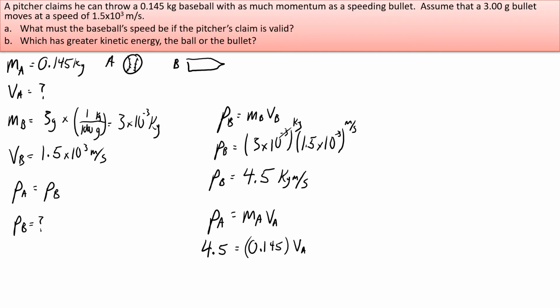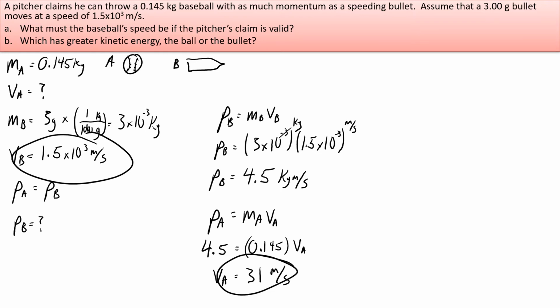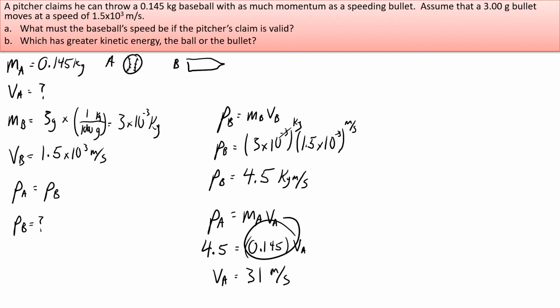You do the division and you find out that the velocity of that ball only has to be about 31 meters per second, much slower than the velocity of the bullet, because the mass of the bullet is so tiny in comparison to the mass of the ball, right?